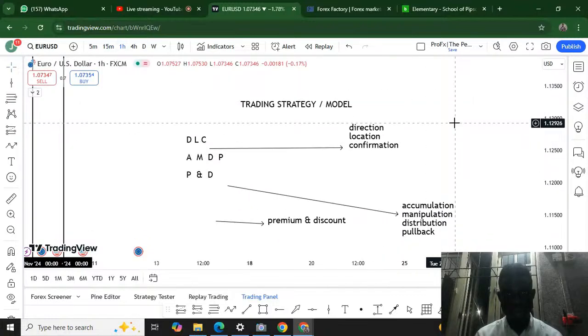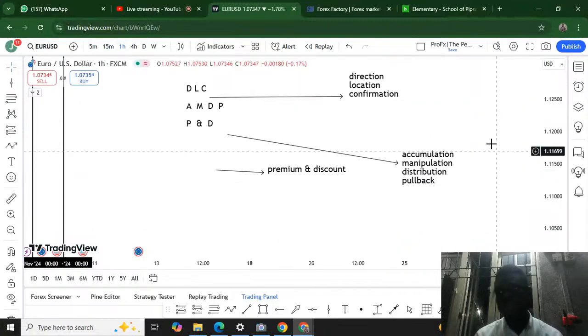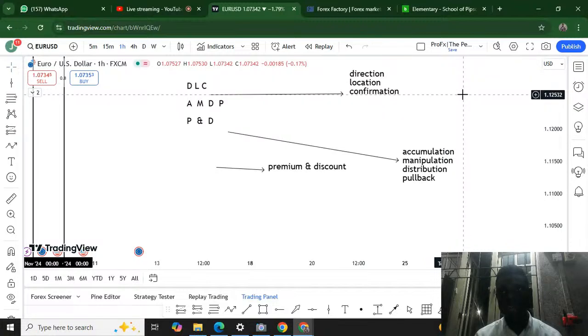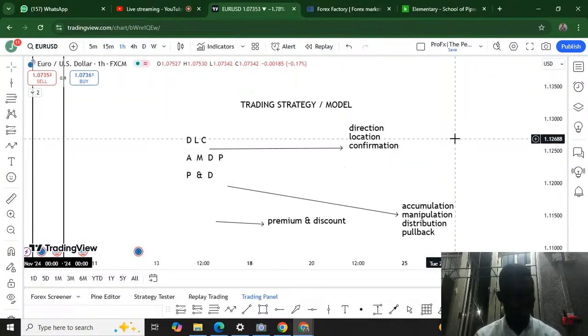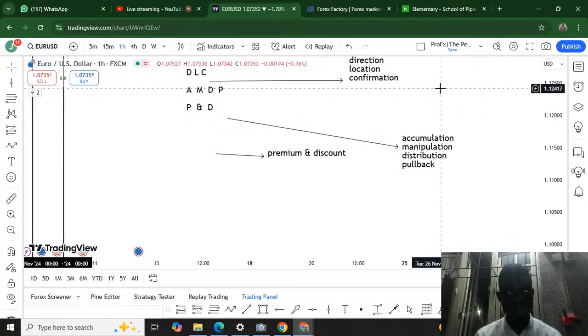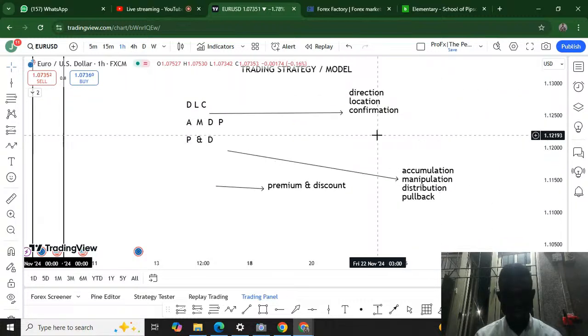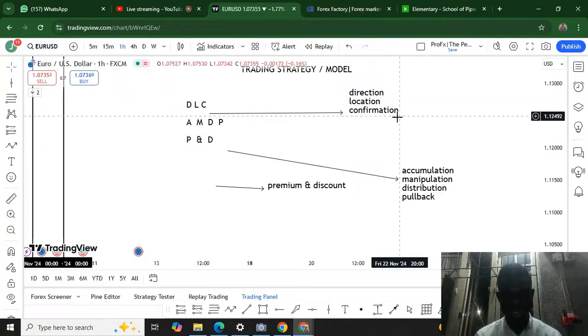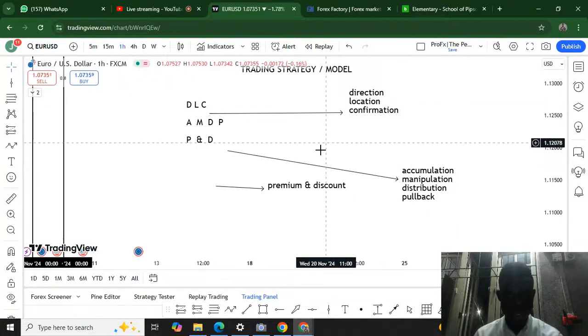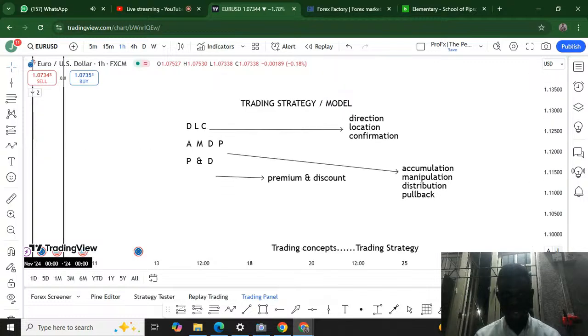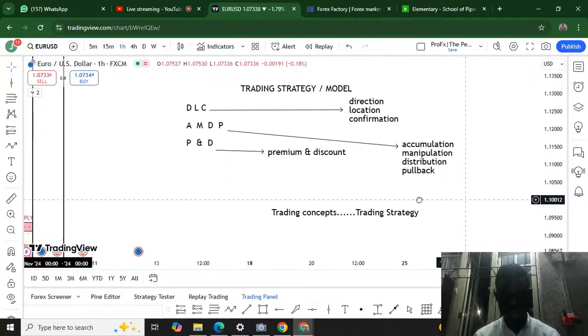So we have talked about DLC: direction, location, confirmation. Let's quickly brief about accumulation, manipulation, and distribution.